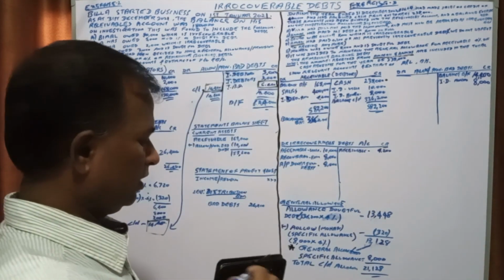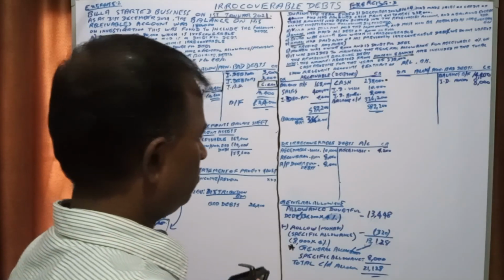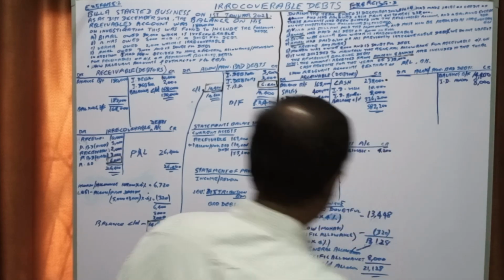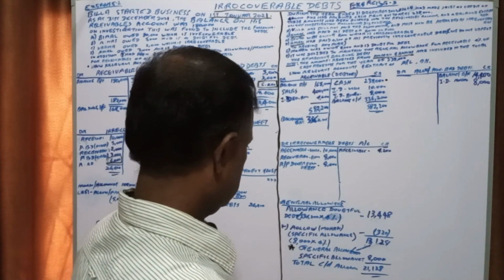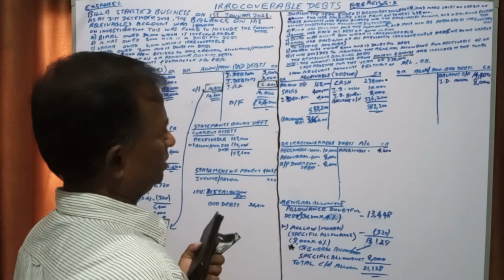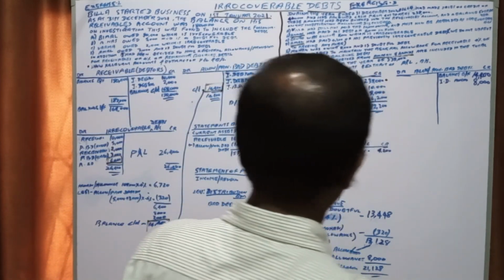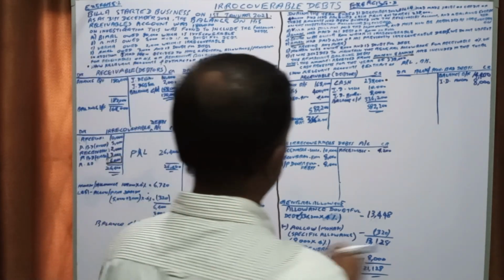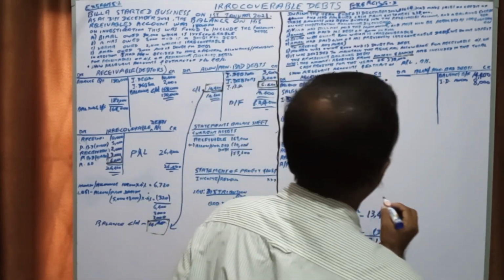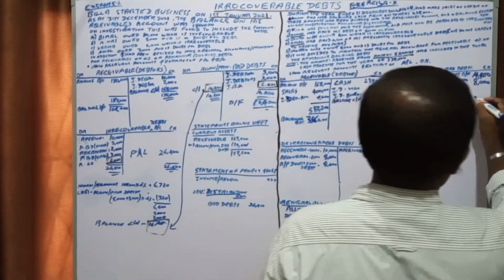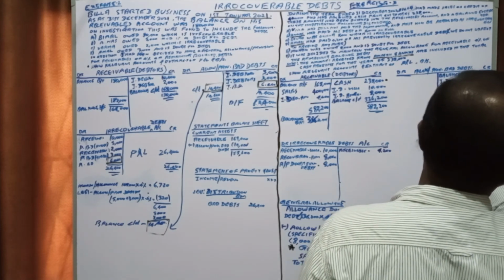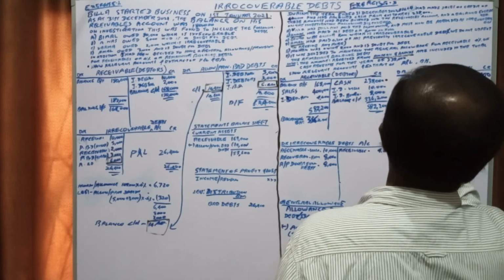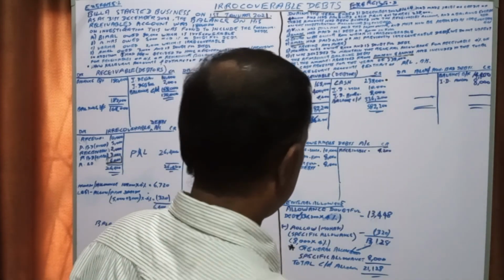Right? This is a calculation, this is how we arrive at the total calculation. So what you have to do is here you have to balance it. What we have said?